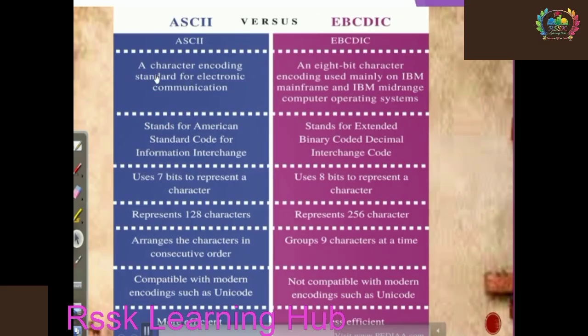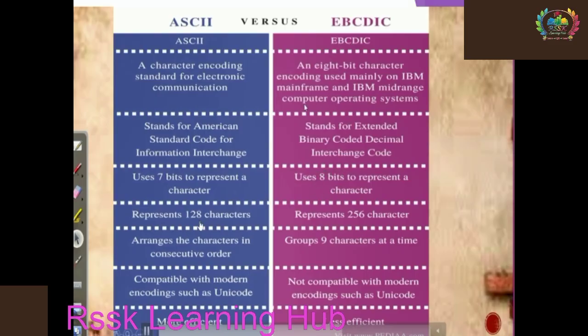Here, ASCII is a character encoding standard for electronic communication. Similarly, EBCDIC is an 8-bit character encoding used on IBM mainframe and IBM mid-range computer operating systems. ASCII stands for American Standard Code for Information Interchange. This is the difference between these two. Here it stands for Extended Binary Coded Decimal Interchange Code. In ASCII you use 7 bits, whereas in EBCDIC you use 8 bits.